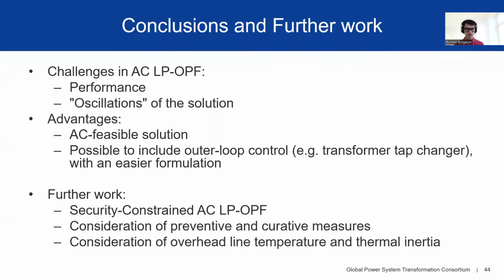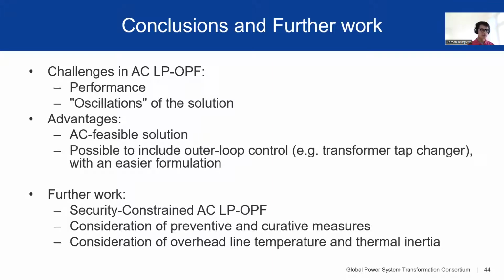The conclusions from the case study can be summarized as following. The challenge for the AC linear programming OPF is the performance. We need to repeat the power flow calculation and the AC OPF calculation multiple times per time step until the convergence of the solution occurs.